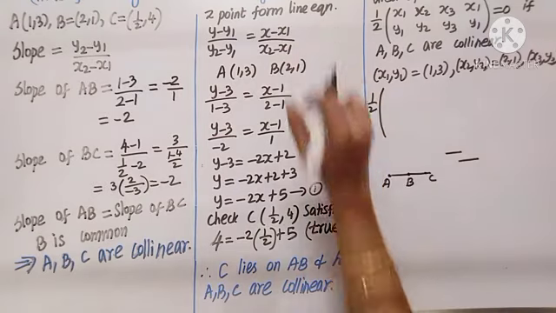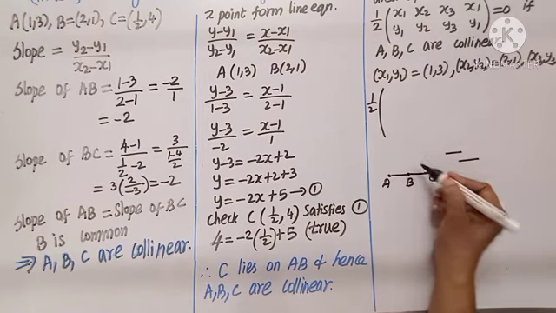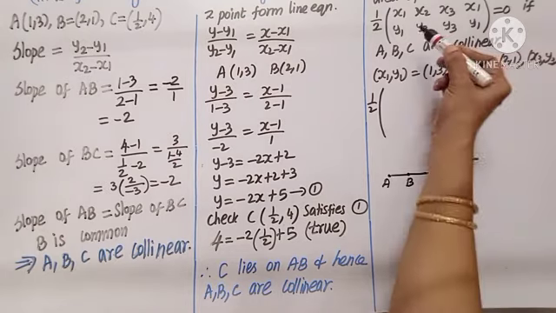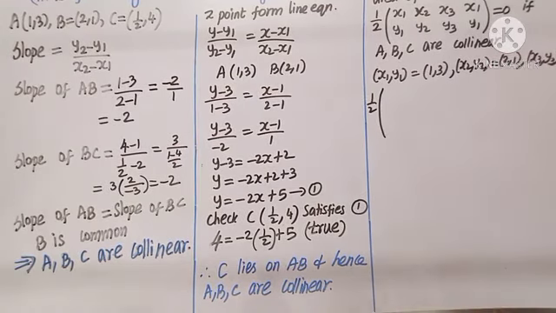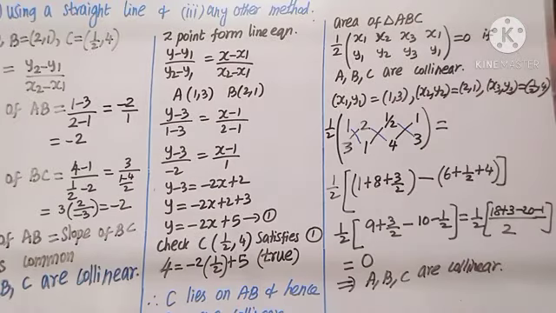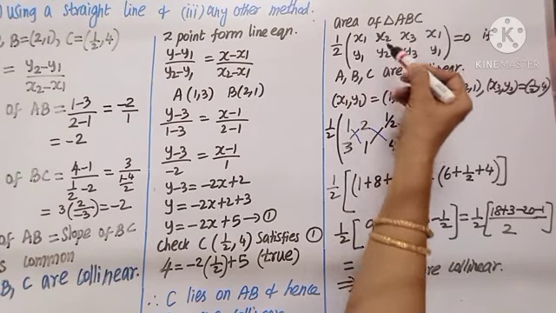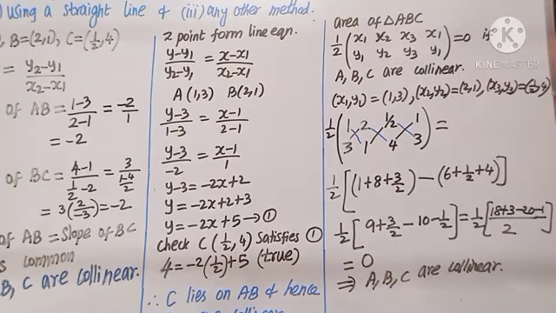Any other method I can try out? If the three points are collinear, I cannot draw a triangle. In that case, the triangle area should become 0. Let us find the triangle area. To find the area of a triangle, we know the formula: half of the determinant of x1 y1, x2 y2, x3 y3, x1 y1 equals 0.